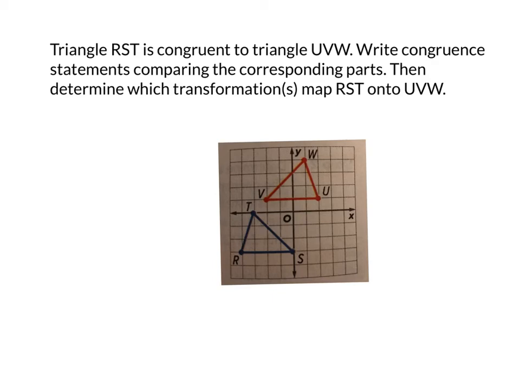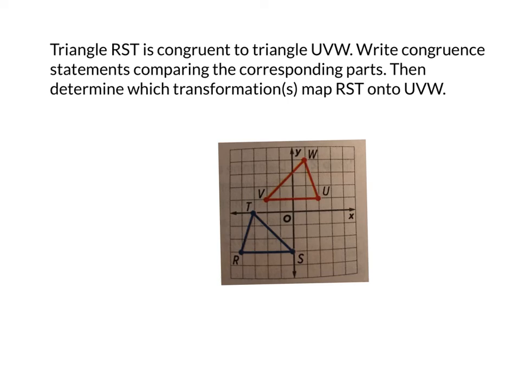All right, so let's put our two skills together. We are using our congruent statements and those corresponding parts, as well as using our transformations. So triangle RST right here is congruent to the triangle UVW.